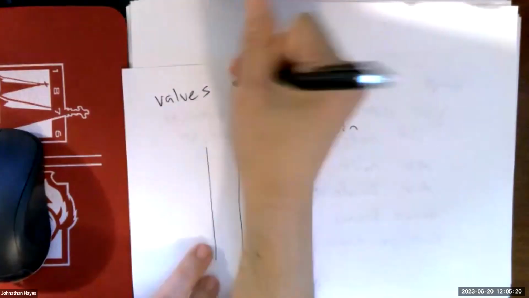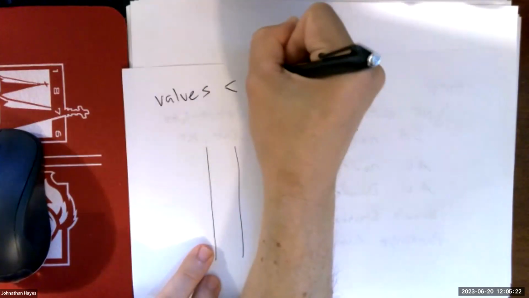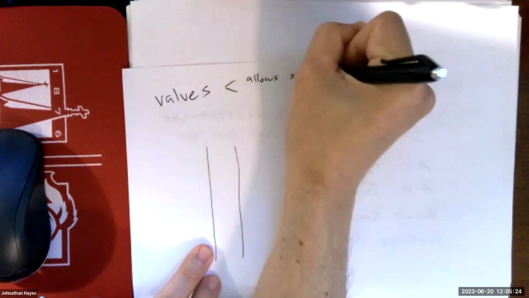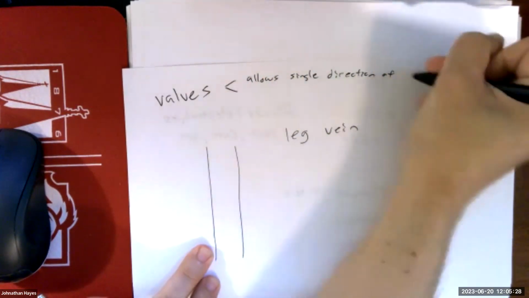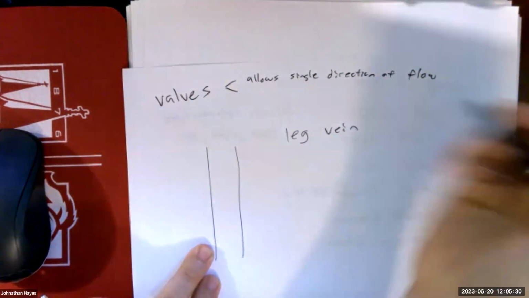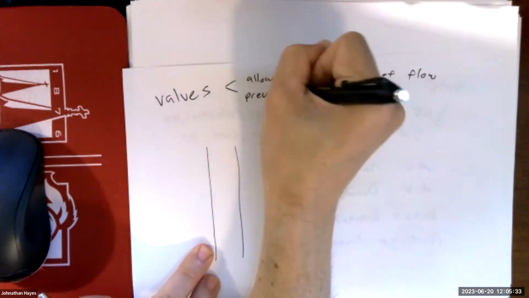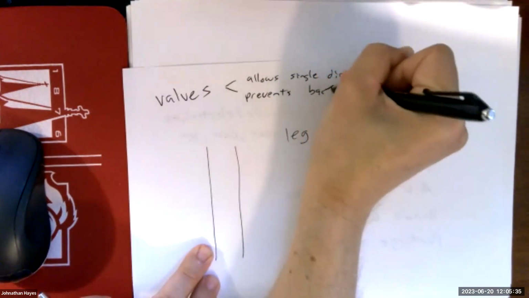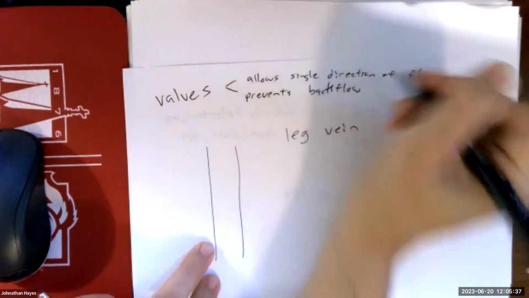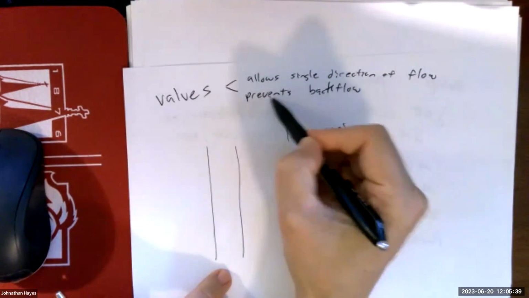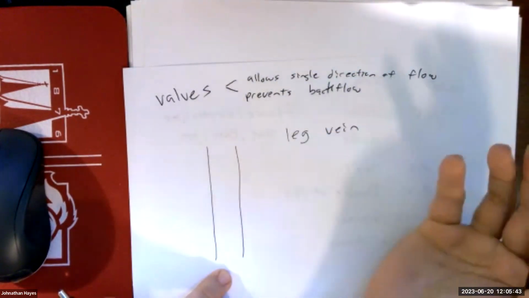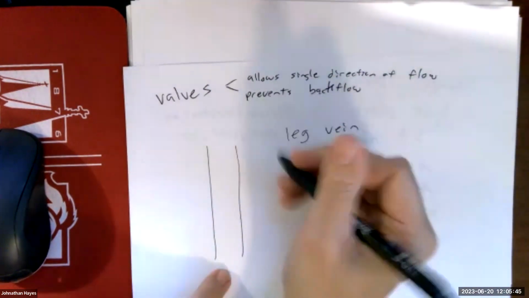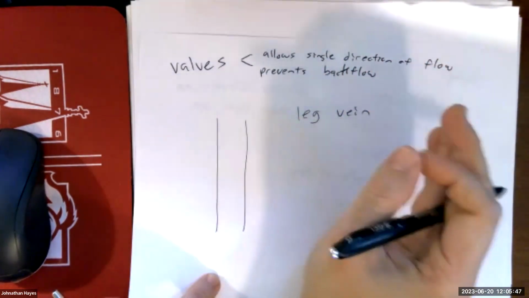A healthy valve allows a single direction of flow, and once it closes, it prevents backflow. It's important to remember, because most of the time when you talk about valves, you think about the part where it prevents backflow, but if it doesn't open right, that's no good either. So you need a valve to be able to open and close adequately.